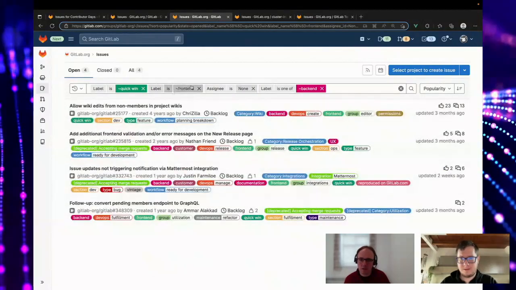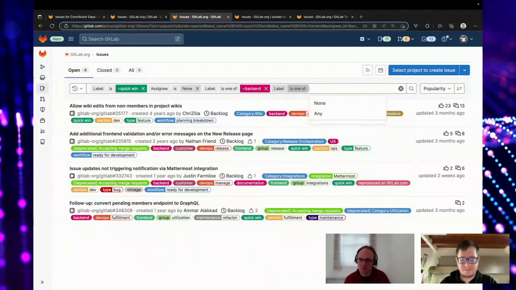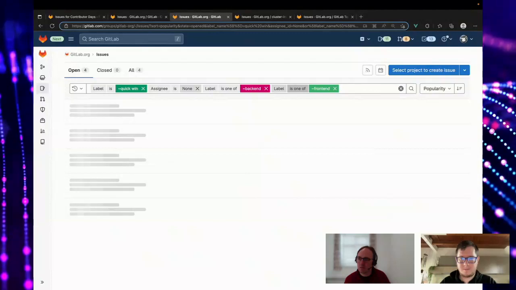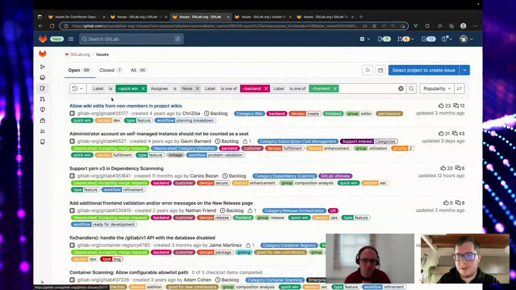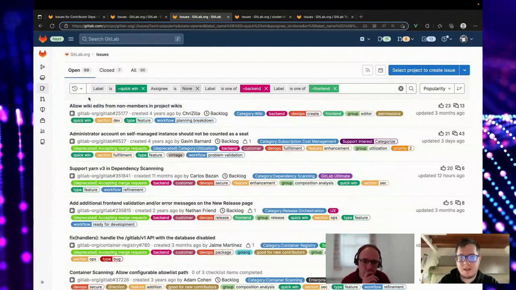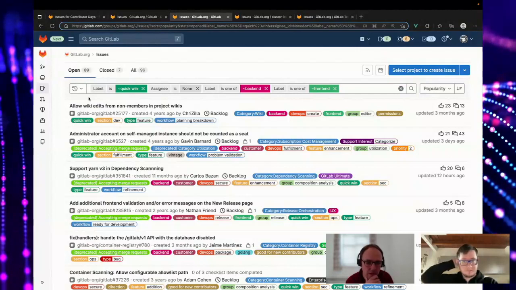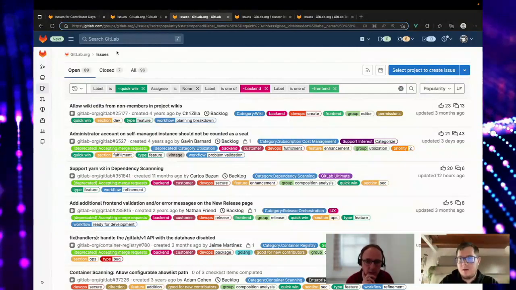Oh, this is wrong. Well, 90 issues with backend and frontend with a quick win. Okay, so that's given us a few more than the other search at least.